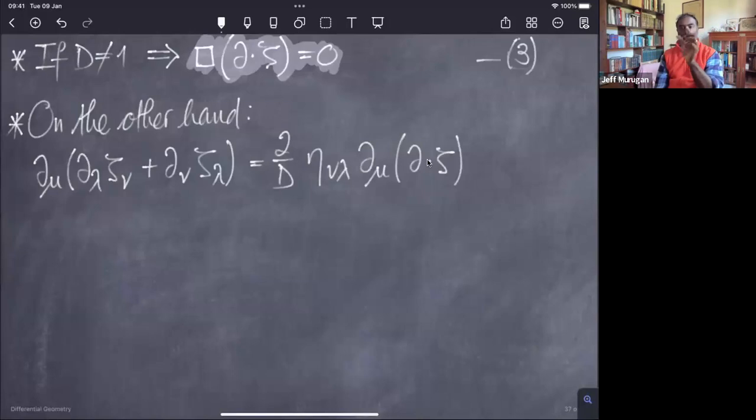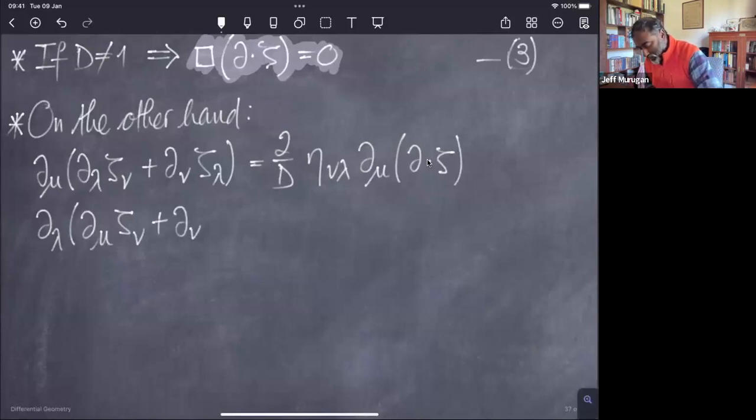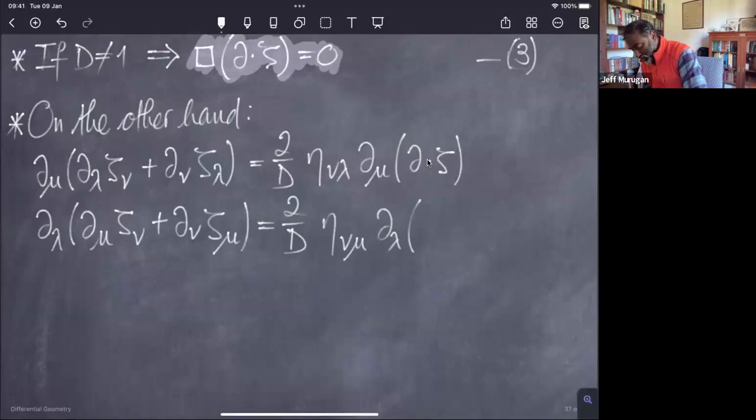And then we just permuted the labels and kept track of them, so that the next equation was d lambda of d mu zeta nu plus d nu zeta mu equal to 2 over d eta nu mu d lambda of this guy.